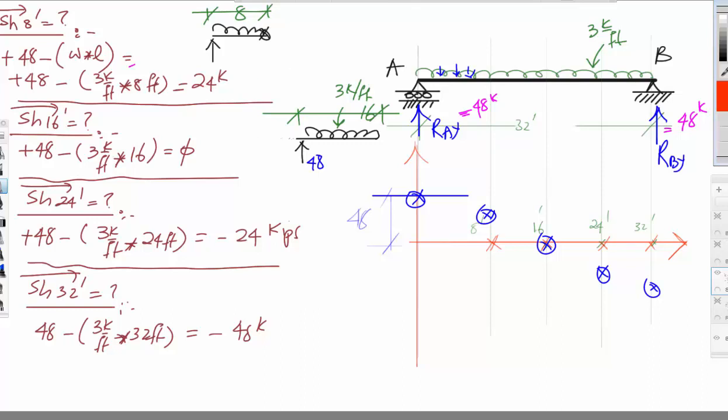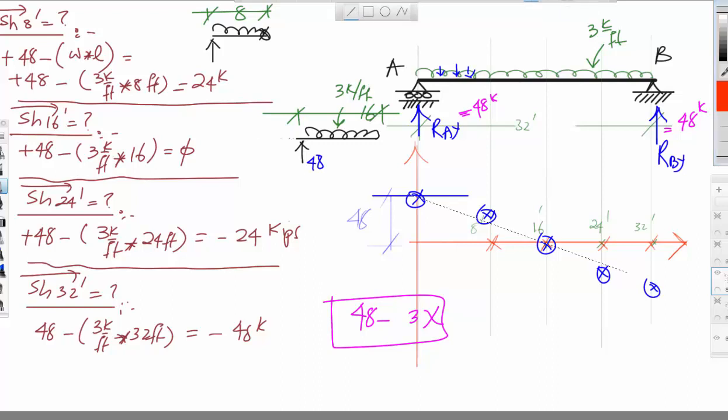If you look at the equation here, it is 48 minus W, which is 3, times X. The equation is simply a linear equation, and for a linear equation we sketch a line.